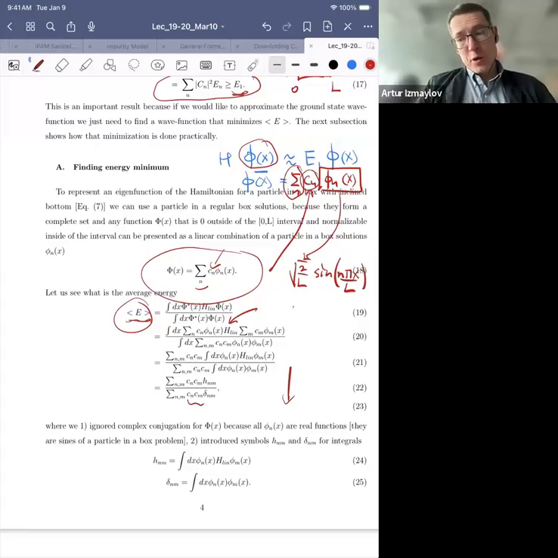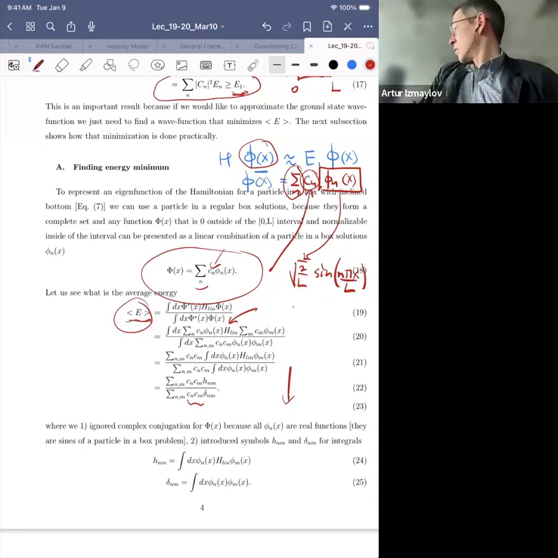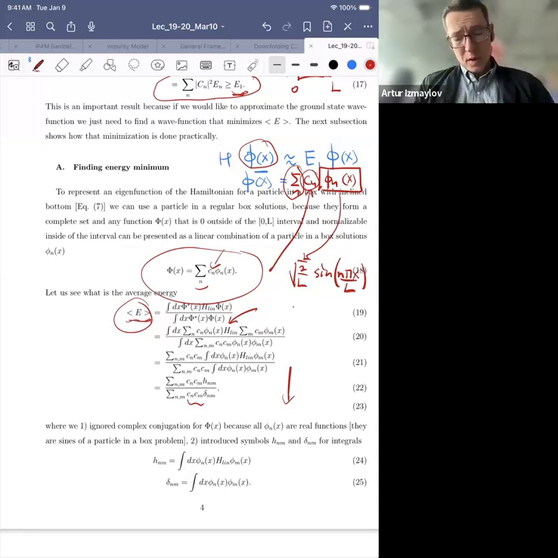In the computer lab, you will see that in many molecular applications of this variational approach, the functions that people use are atomic orbitals in order to find molecular orbitals, which you have probably seen even in general chemistry. That's what chemists usually consider.